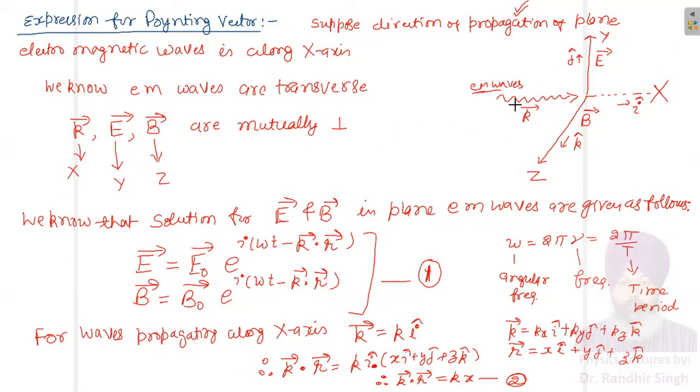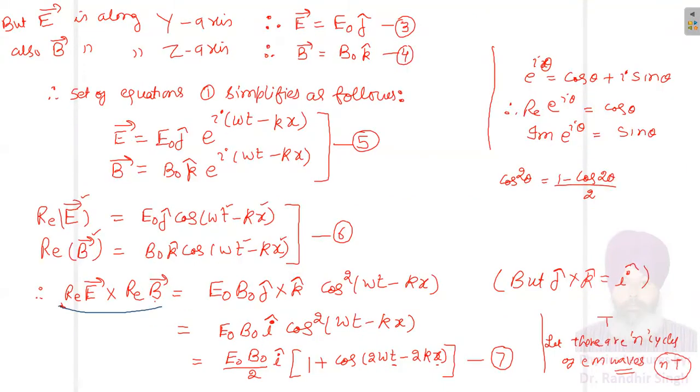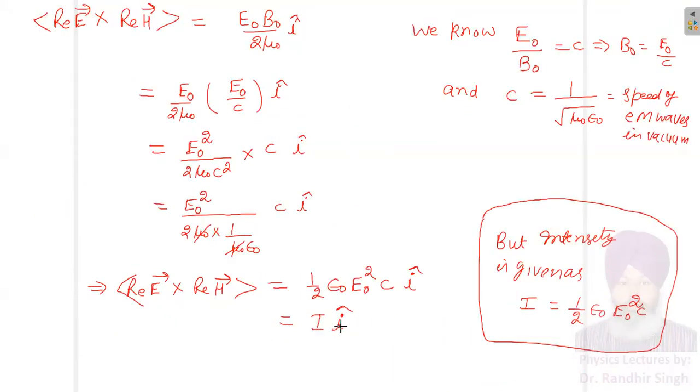You can see this propagation of the EM waves is along i cap. So therefore n cap is replaced by i cap. So as per the expression mentioned on page number 1, this quantity I into i cap is nothing but the S vector.